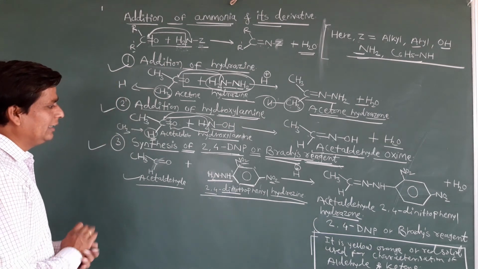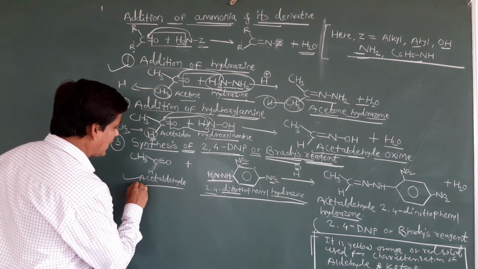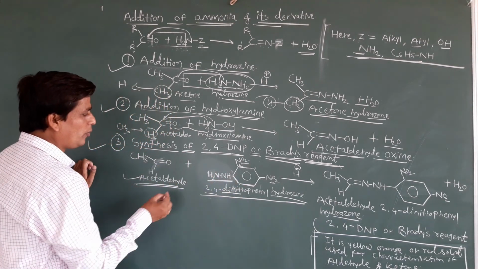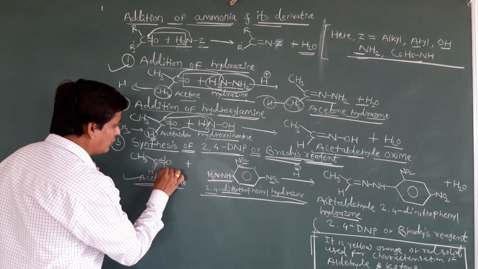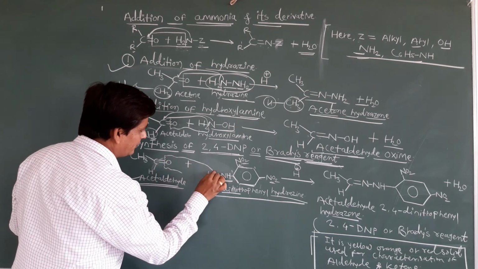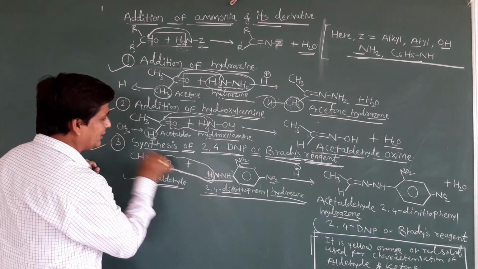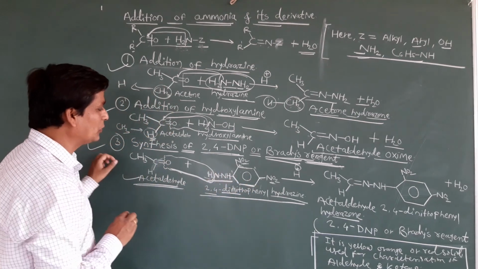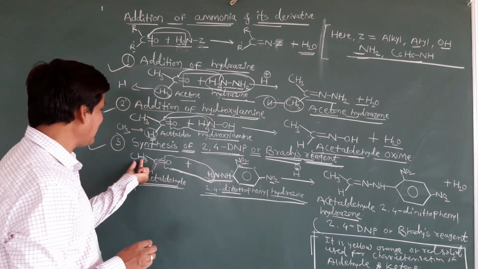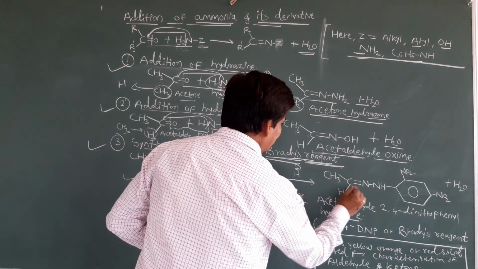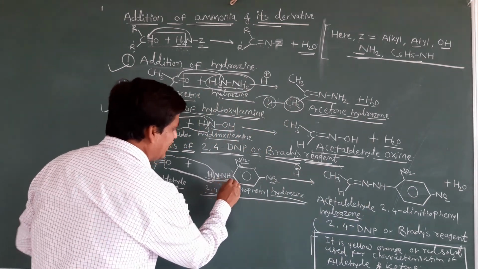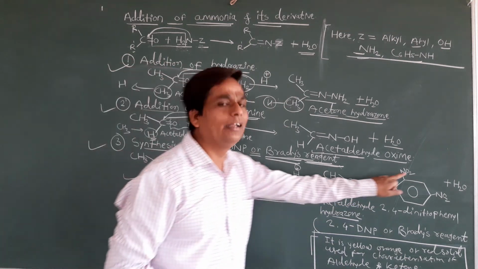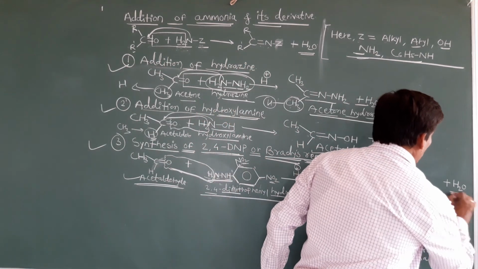When this reaction is carried out, it is a very simple reaction, students. So what happens when acetaldehyde reacts with 2,4-dinitrophenylhydrazine? The water molecule is lost like this, the bond is breaking from here, these two hydrogens and this one oxygen, H2O, will be removed, and this whole group is attached to this carbonyl carbon. The double bond remains as it is, this CH3 as it is, CH3CH double bond, and then this NH group, and the remaining benzene ring as it is, containing the NO2 groups, and in this case the water molecule is removed.